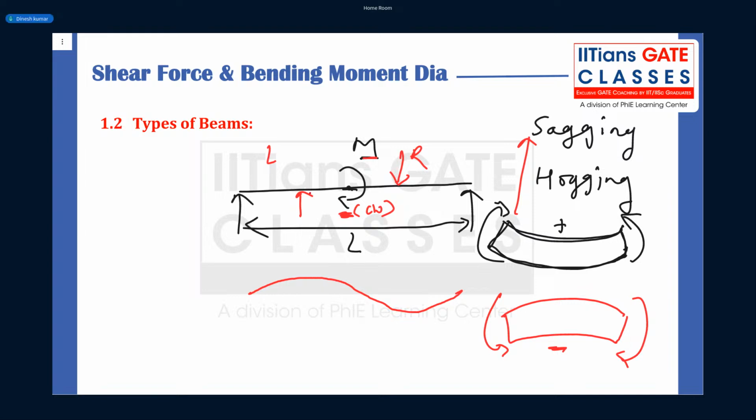So what is happening? The right side is undergoing sagging, and this left side is undergoing hogging. Clear everyone? Vishal, is it clear?